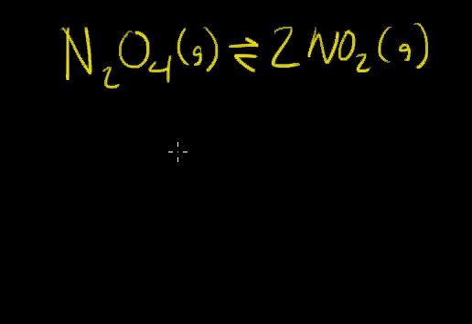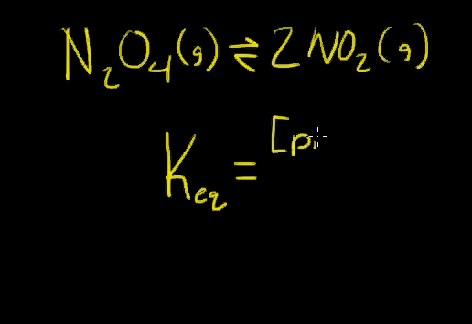It turns out that the relationship, this idea of a constant, which we're going to give the symbol KEQ, which means equilibrium constant, is equal to the concentration of our products raised to the power of their exponent, which in this case is 2, but we'll just use x for the exponent here.